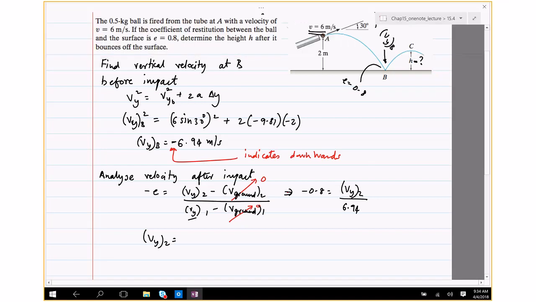So now I would have minus 6.94. So 6.94 times 0.8 is 5.54 meters per second. It comes out positive because clearly the velocity after impact is going to be upwards and not downwards.